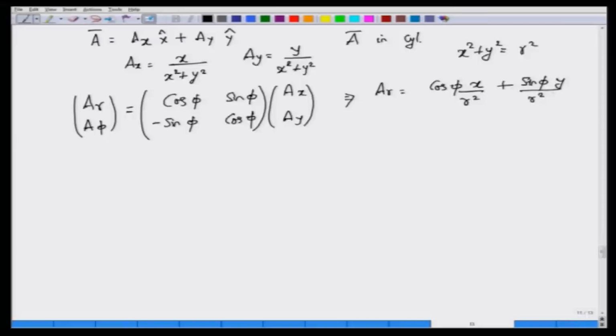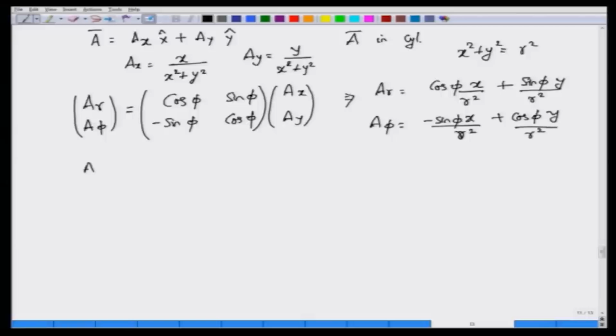But what is x cos phi and what is y sin phi, and what is A phi? A phi is minus sin phi x by r square plus cos phi y by r square.